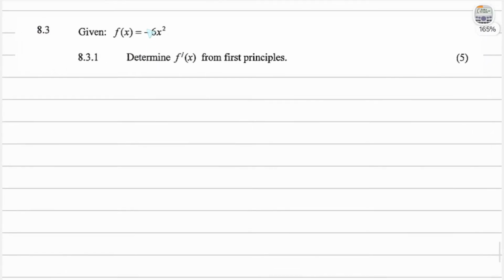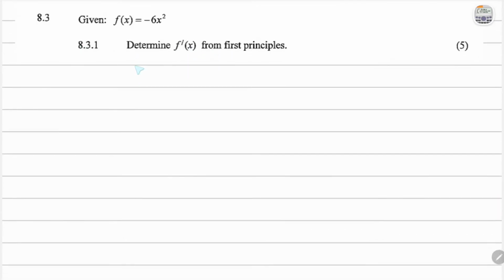8.3, given f(x) = -6x². 8.3.1 says determine f'(x) from first principles. Okay, so we can first focus on finding f(x + h). So we can just substitute it. Wherever you see x, replace it with x + h.